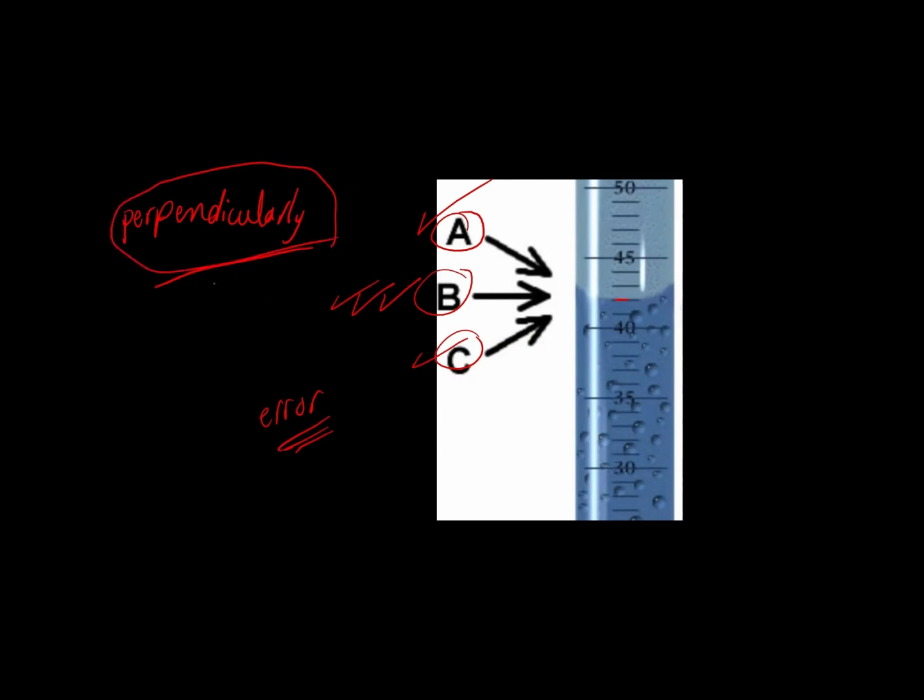This is also used when we look at the ruler. When we look at the ruler, we have to look at the grade perpendicularly, not like this. So in any device which has grades and a pointer, we look at it perpendicularly to get an accurate measurement.